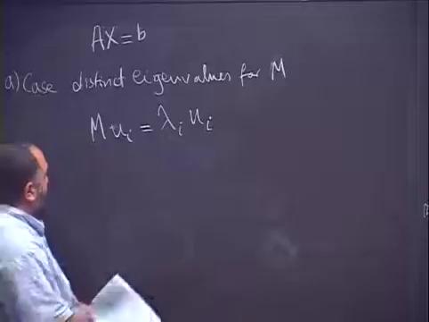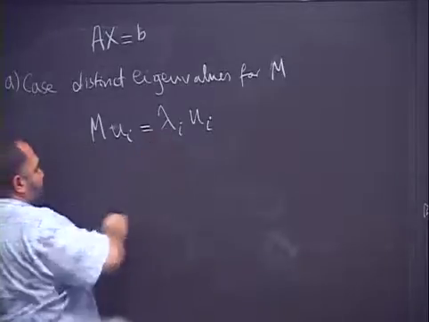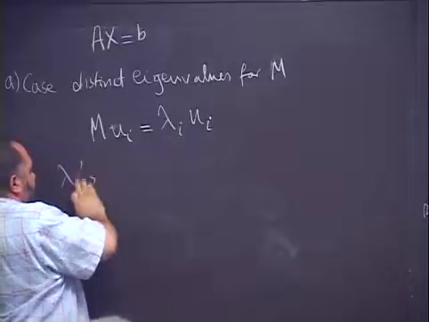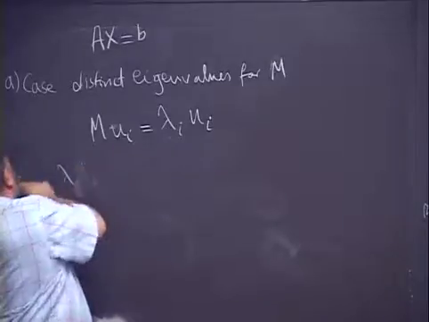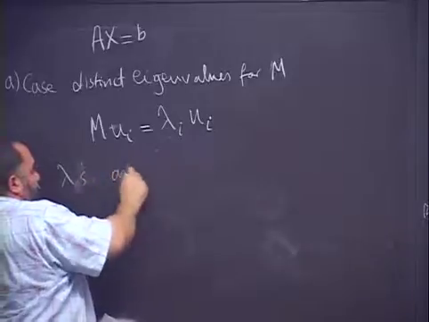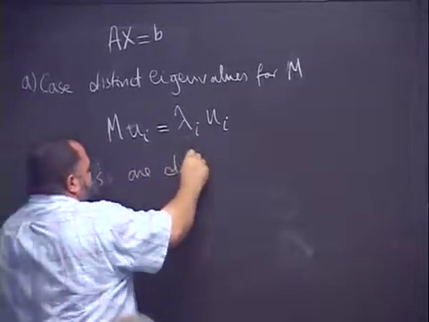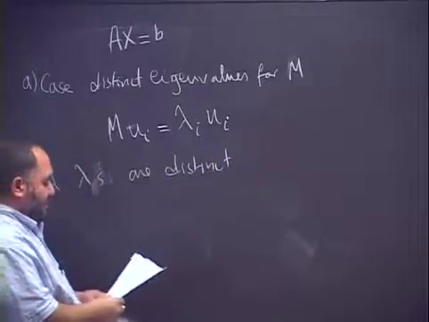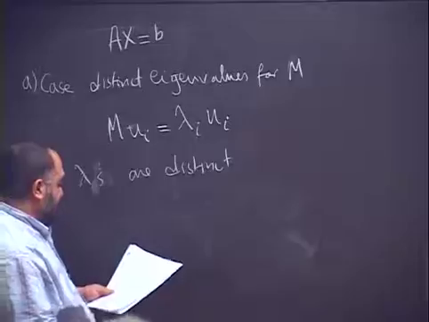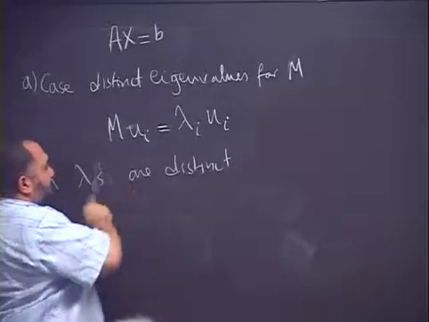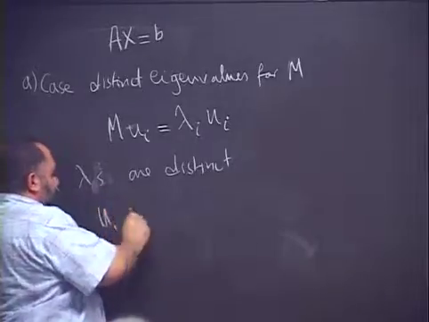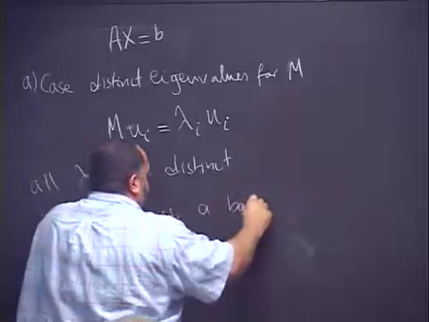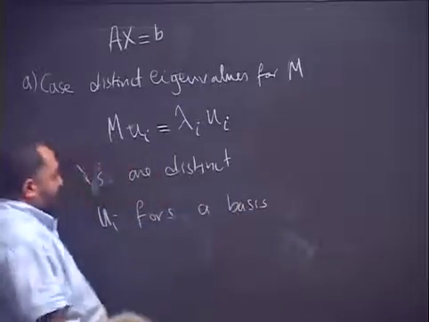And if we say that all lambdas are distinct, so you do not have two lambdas or three lambdas equal to each other, then we will notice that if the lambdas are distinct, the Uis form a basis for your linear vector space.